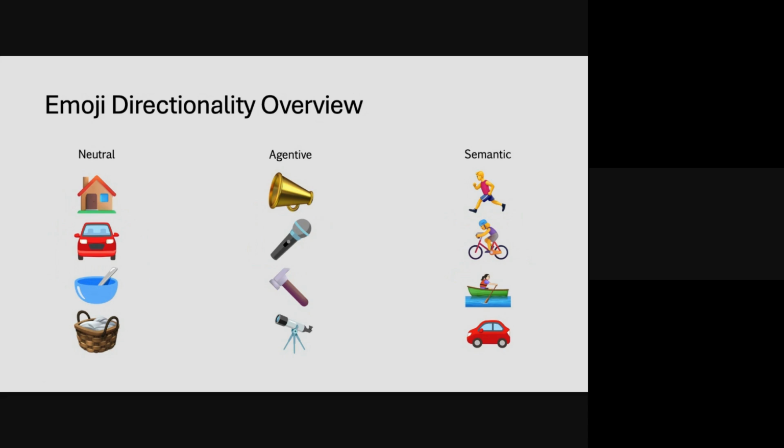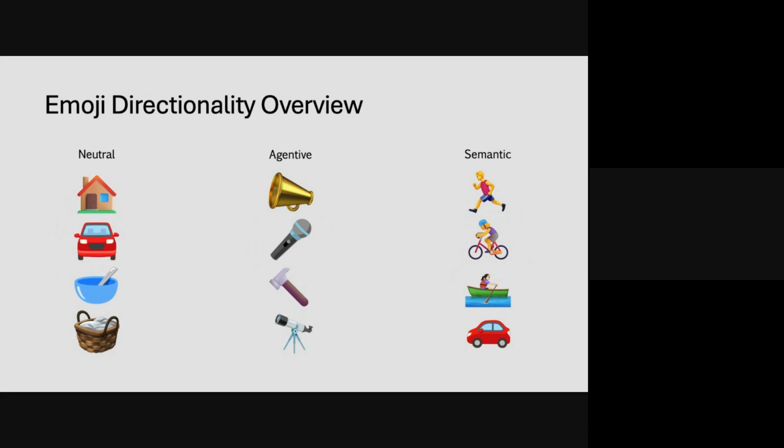Neutral ones, as we looked at, don't have their own direction. It doesn't matter what side the spoon is facing, right? But when we look at agentive, these are emoji that are not expressing movement themselves, but in certain contexts, it is important which way they're facing.